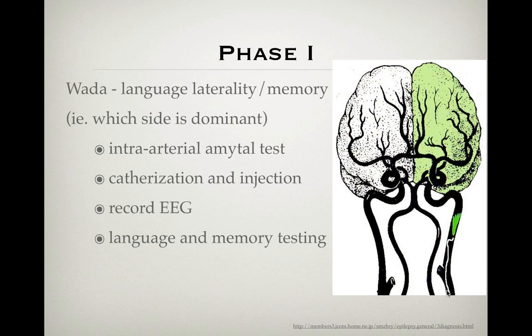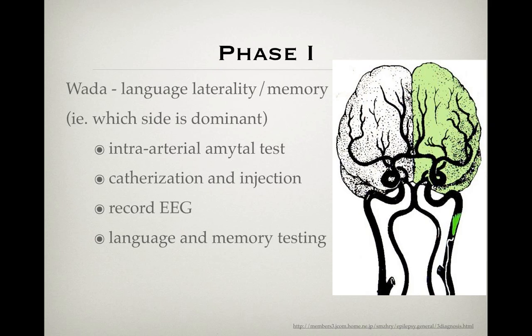So a radiologist or a neurosurgeon or an interventional doctor will put a catheter up through your groin and put that catheter all the way up to the carotid artery and inject medication that's going to numb, essentially put half the brain to sleep.